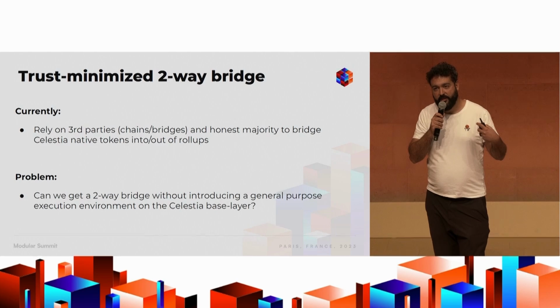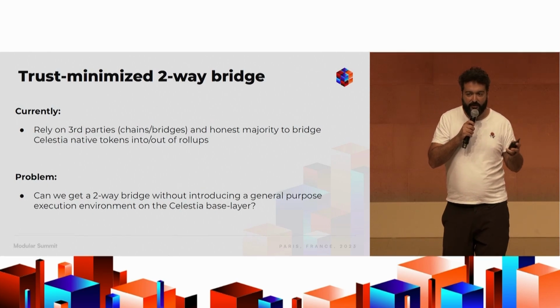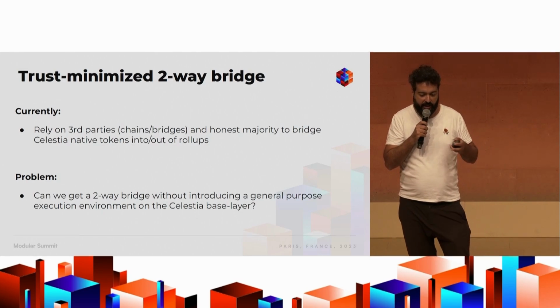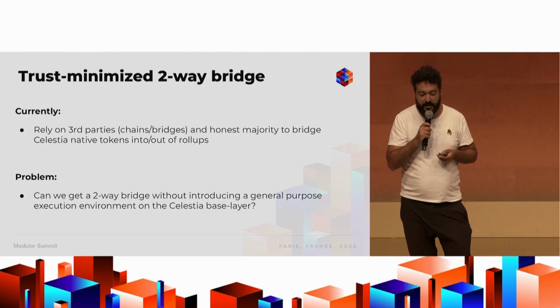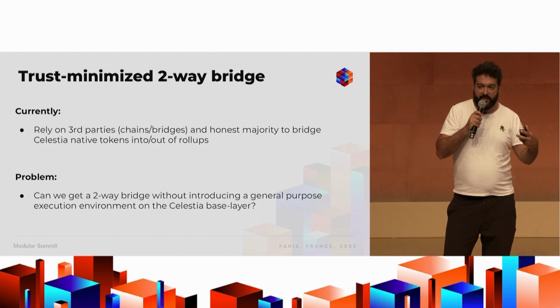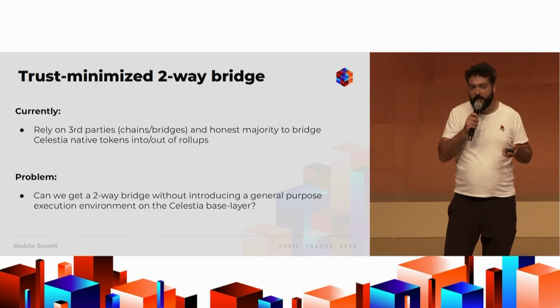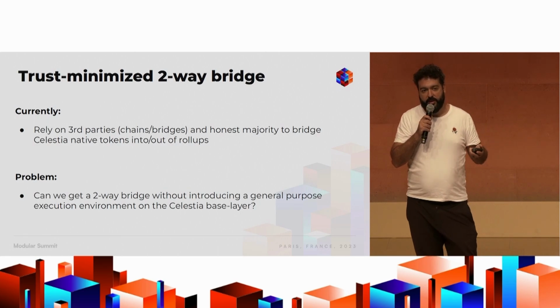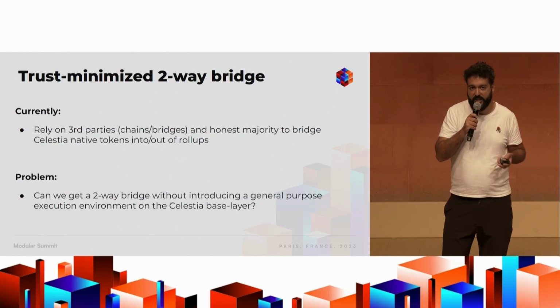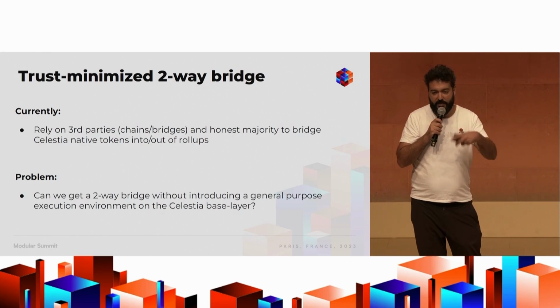Another topic that we certainly will look at after launch is a trust minimized bridge, or a two-way bridge from and to Celestia. So currently, if you wanted to use the base layer Celestia token on your rollup as a gas token, you have to use other bridges and other chains or third parties to get the token out and into your rollup and back, right?